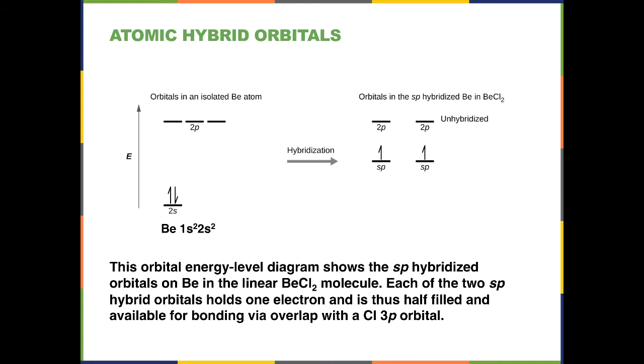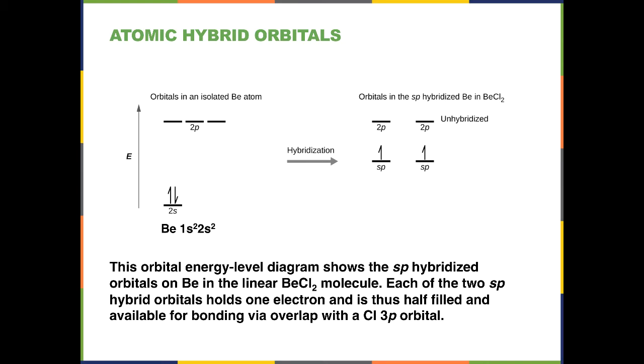And this shows what the geometry looks like. You start out on the left here with an empty 2p orbital and 2 electrons in the 2s orbital. After hybridization occurs, you end up with 2 sp orbitals, each of which has an electron available for bonding or sharing, and 2 2p orbitals that are unhybridized.